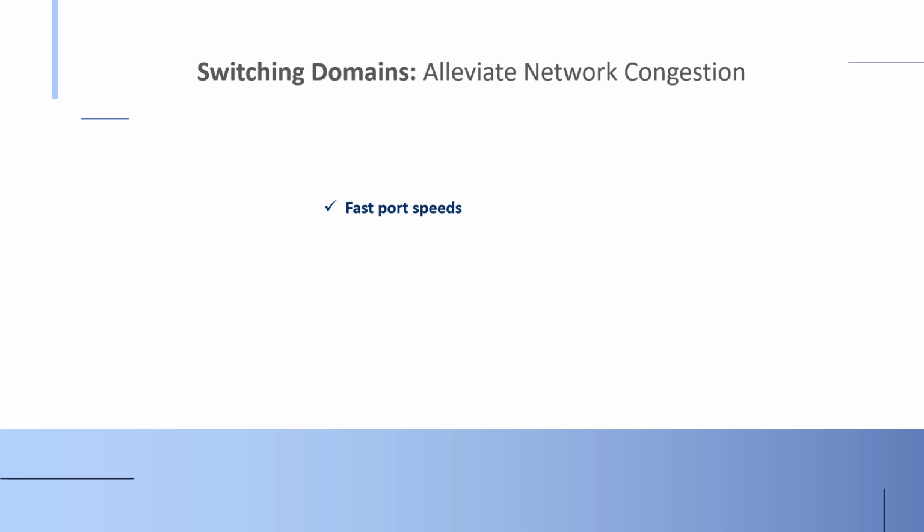Distribution layer switches support 100 megabit per second, 1 gigabit per second, and 10 gigabit per second speeds, and core layer and data center switches may support 100 gigabit per second, 40 gigabit per second, and 10 gigabit per second speeds. Switches with faster port speeds cost more but can reduce congestion.